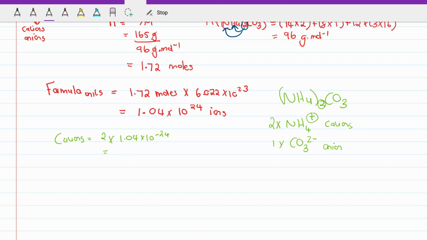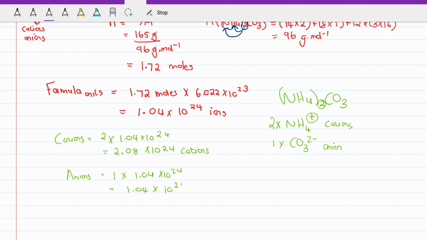That's going to give you 2.08 times 10 to the 24, that should be positive cations. So that's a lot. And how many anions? Well, there's only 1 carbonate anion, so you just multiply that with the number of ions, and that will give you the same number of ions.